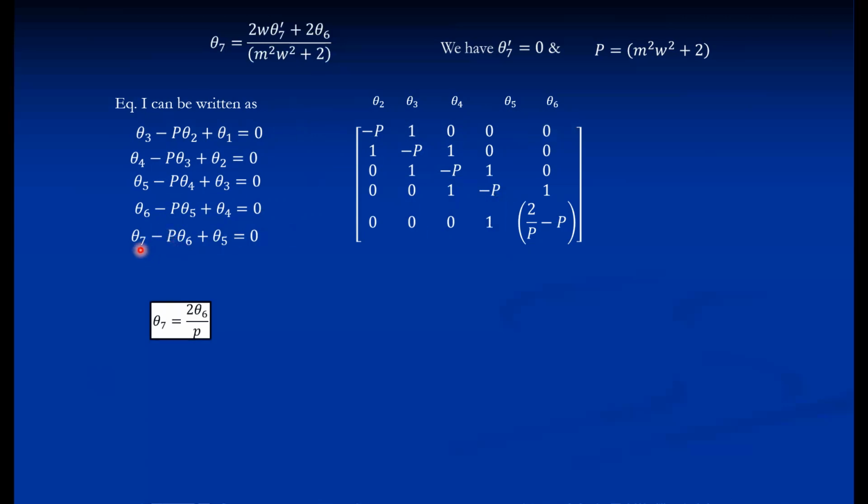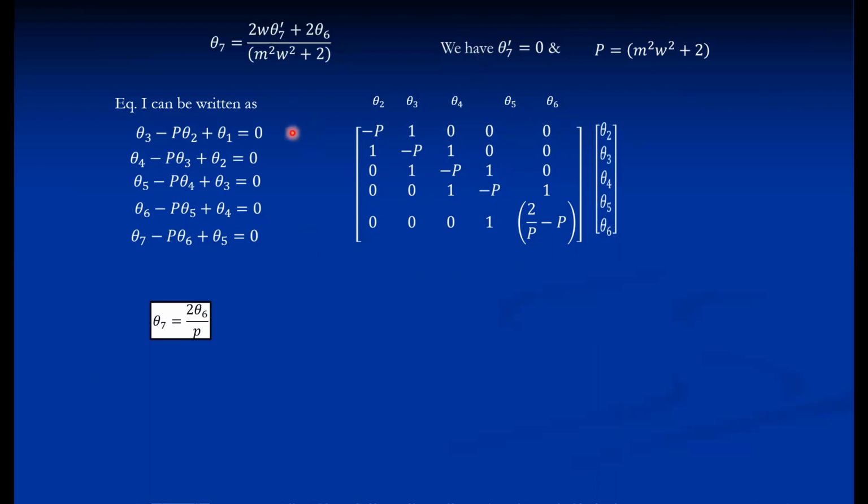Here, instead of θ7, we put 2θ6 by p, and resolving this, it is 2 by p minus p. So the coefficient of θ6 is 2 by p minus p, and only the θ5 coefficient is 1, and the remaining are all absent. So this is the coefficient matrix we can write from this set of equations.